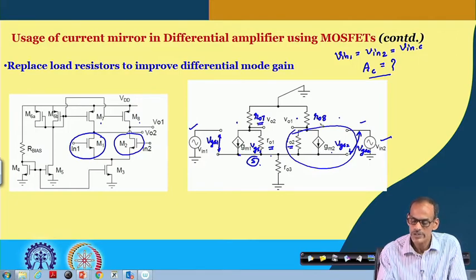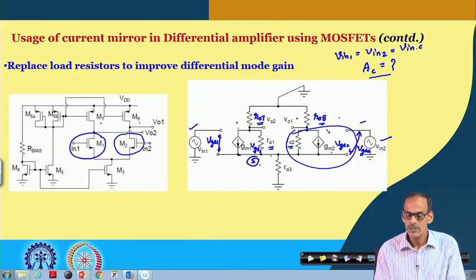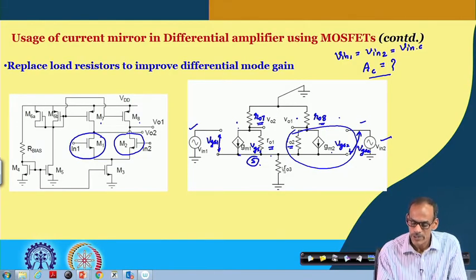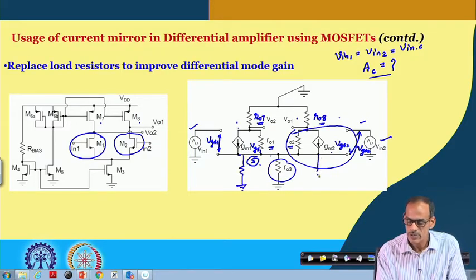Assuming these two resistors are identical, the left and right halves are identical. So, we can split this resistor into 2 equal parts, as we have discussed before, namely 2 times RO3 here and 2 times RO3 here, and then we can remove this part.